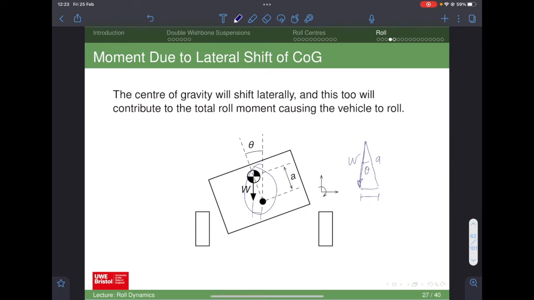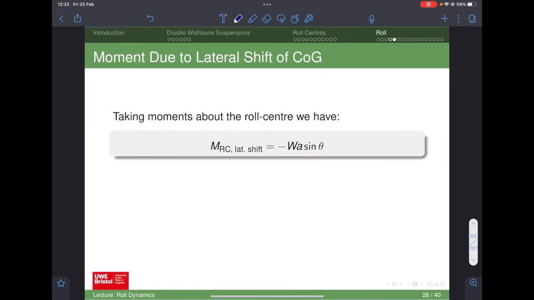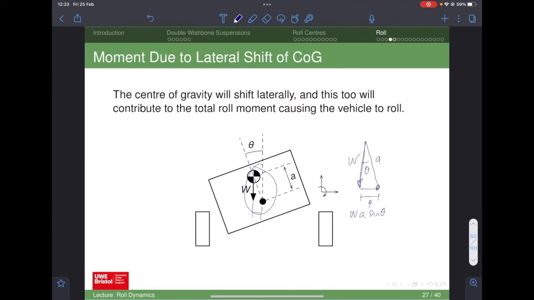So that's obviously A sine theta times W, which will be the moment being applied around the roll centre, which is at this point here. Taking moments about the roll centre, we've got the moment about the roll centre due to lateral shift equals minus W, because minus is pointing downwards, times A sine of theta, which is that distance, that lateral shift.